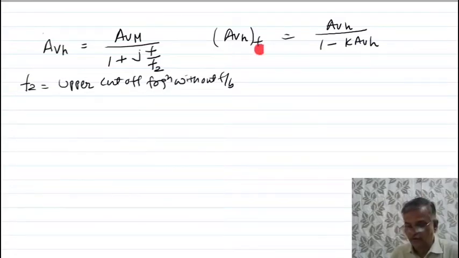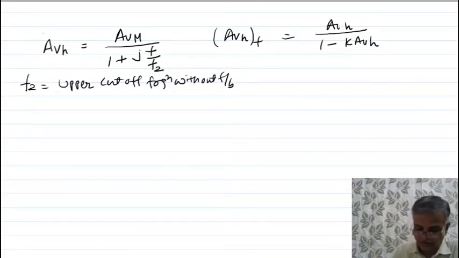So my equation of the gain of the circuit at high frequency is this. Now I am putting this value of AVH in this equation, this value here and this value here.